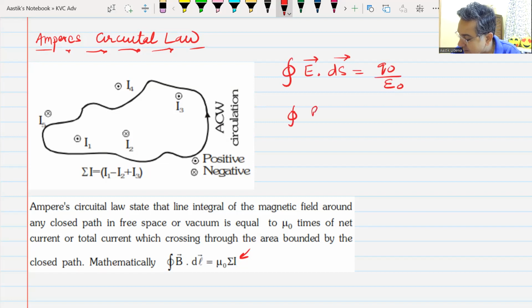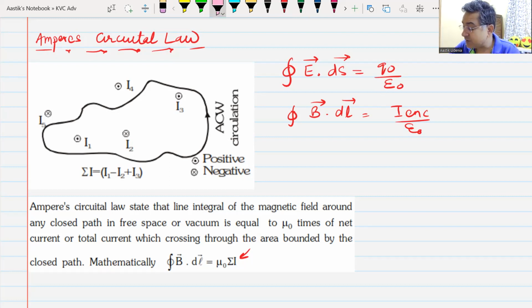Here it is the line integral of magnetic field over a closed loop equal to mu naught times the current enclosed by the loop. So this is somewhat similar to Gauss' law in electrostatics, which was written as a surface integral. This is written as a line integral.